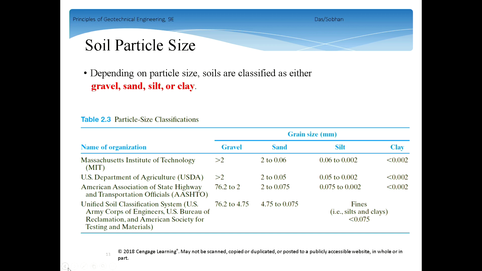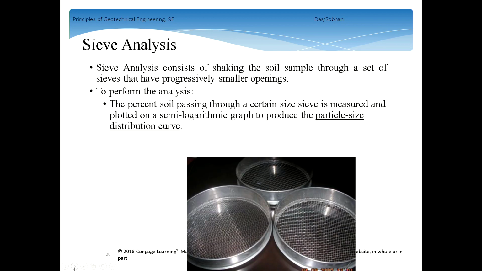So as long as you do the analysis, or you say how much percent silt, how much percent sand, you should say what kind of code you follow. For example, here, let's say we follow the USDA code to do the analysis.